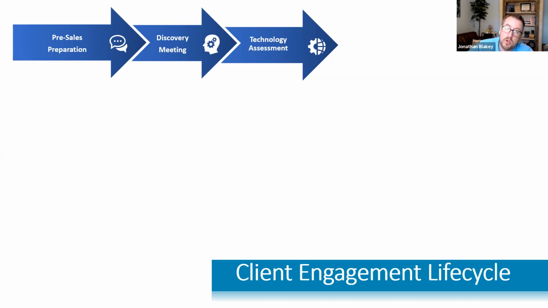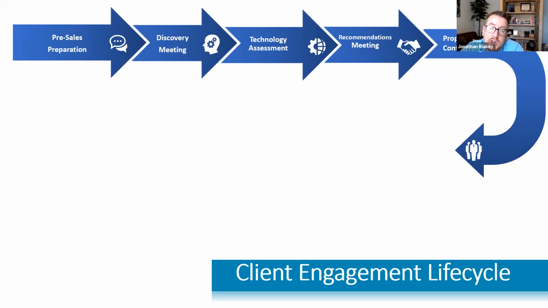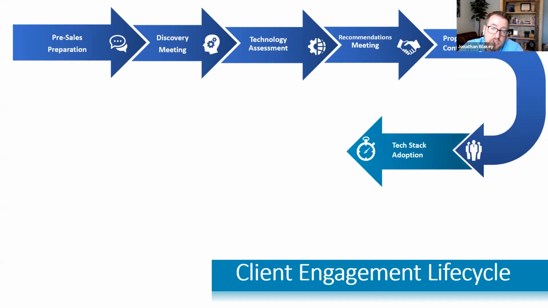And then we put all of that into our recommendations meeting. Here's how we want to get you from where you are now to where you say you want to be. So these are the pieces we want to do. This is the technology we want to put in place. Please sign on the dotted line. They sign on the dotted line, and then we get to actually putting those pieces in place.